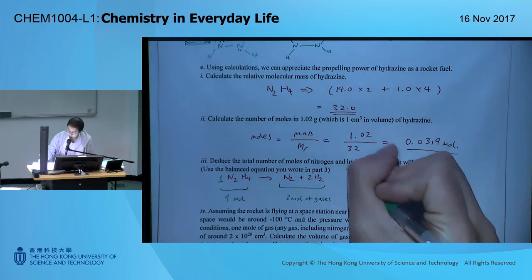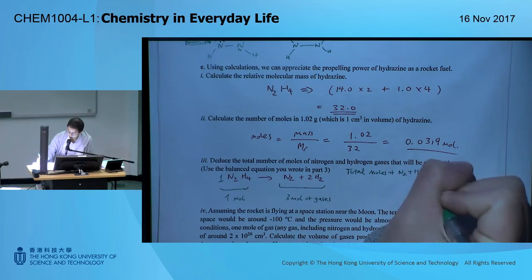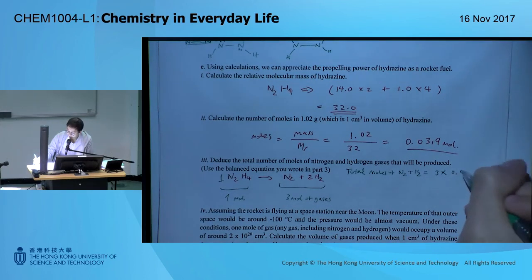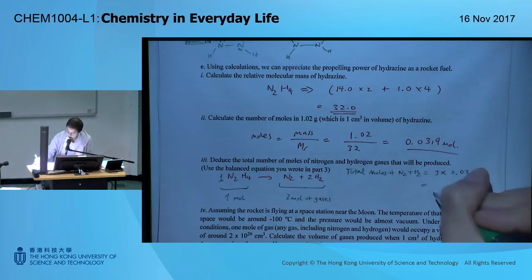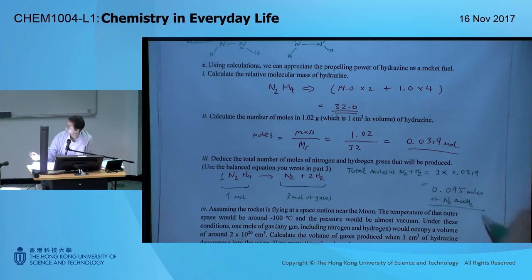So the total moles of gases equals 3 times the moles of hydrazine, which is 3 times 0.0319. So that gives us 0.095 moles of N2 and H2 together. And these are the gases which will propel the rocket.